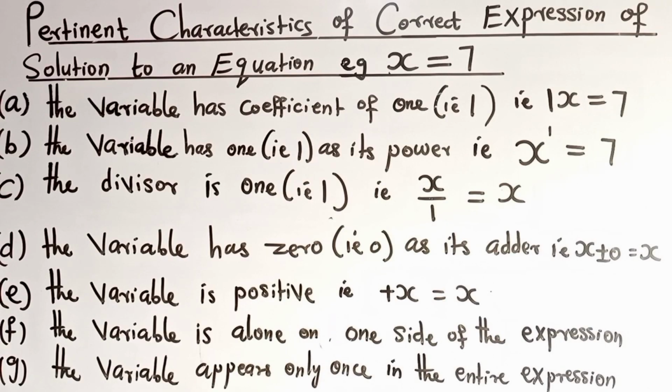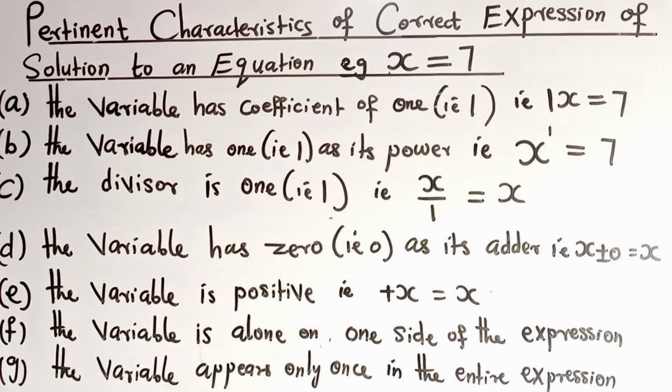And now let's move to the second objective of this lesson, and that is pertinent characteristics of correct expression of solution to an equation. It is like an extension of what we saw in the first objective. Towards the last part of it, we saw this expression, x is equal to 7.